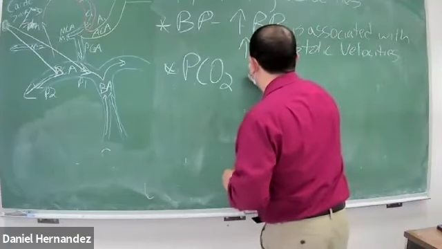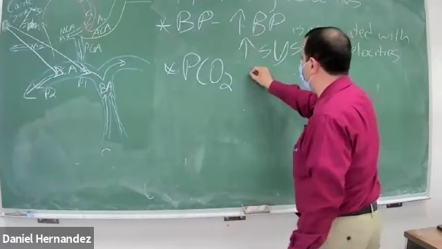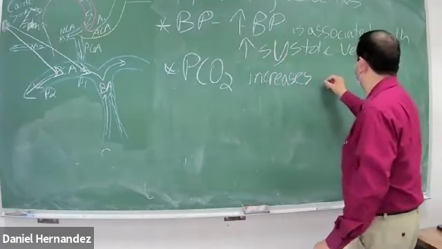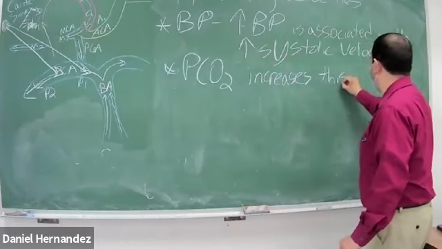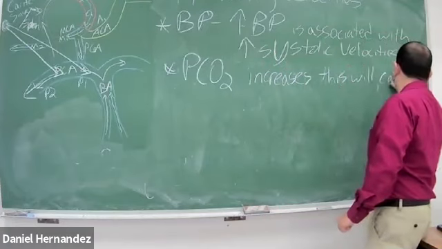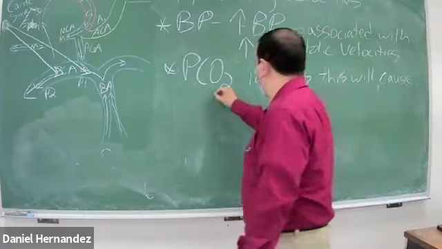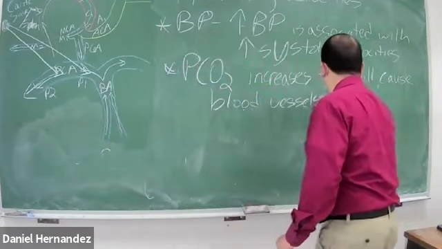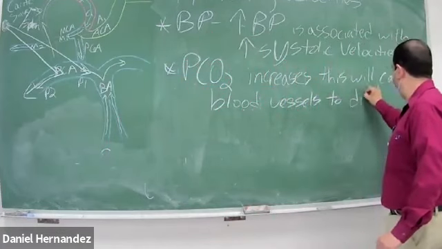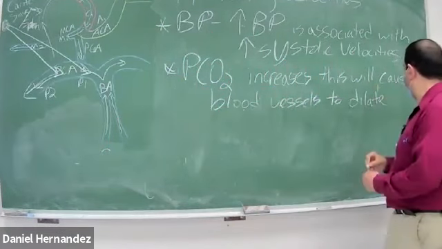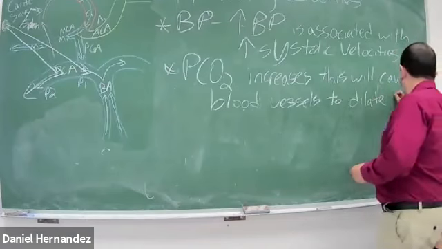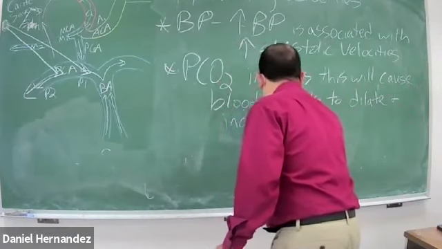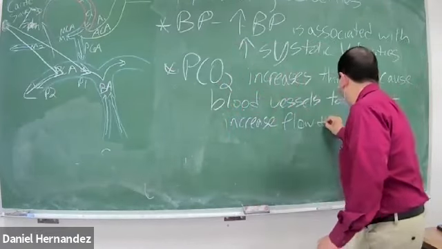If our PCO2 increases, this will cause blood vessels to dilate and increase flow and velocities.